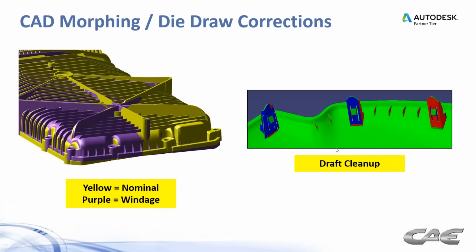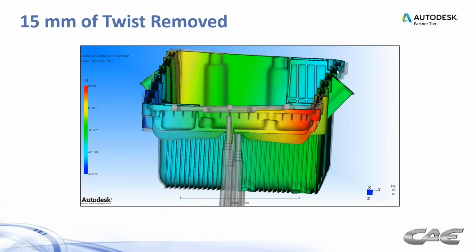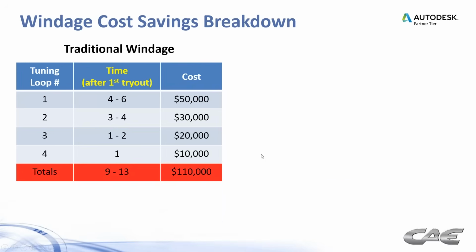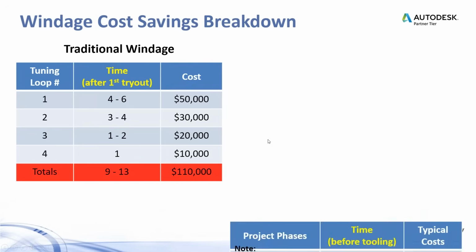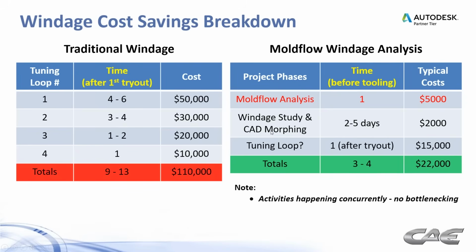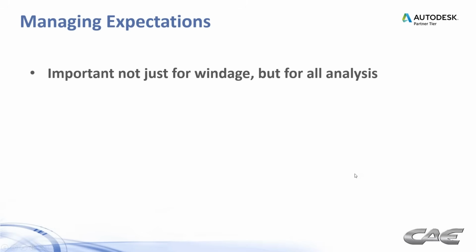For example, in this part here, some of these side bosses had to undergo a slight adjustment, but that's a heck of a lot better than 4, 5, sometimes up to 10 tuning loops. So you see the improvement in time, and this time is being absorbed prior to mold kickoff. And there's a substantial cost savings on that.